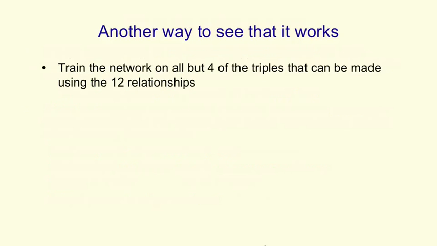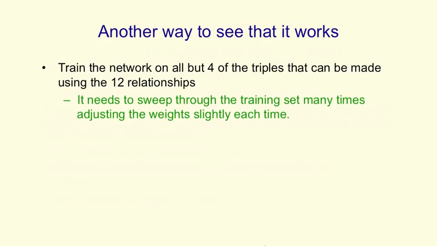Another way to see that the network works is to train it on all but a few of the triples and see if it can complete those triples correctly. So does it generalize? There's 112 triples, and I trained it on 108 of them and tested it on the remaining 4. I did that several times, and it got either 2 or 3 of those right. That's not so bad for a 24-way choice.